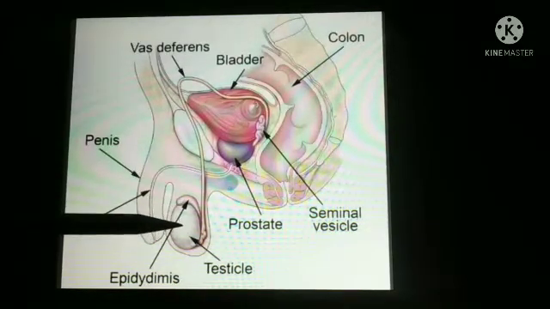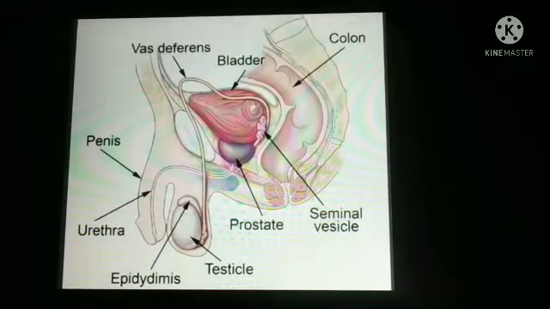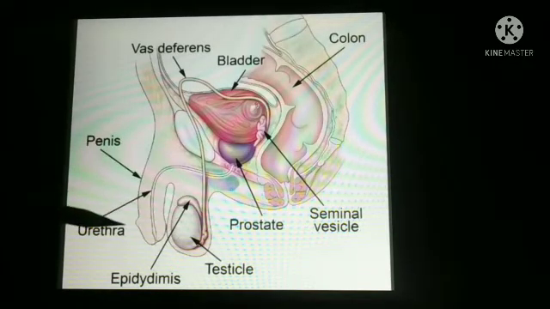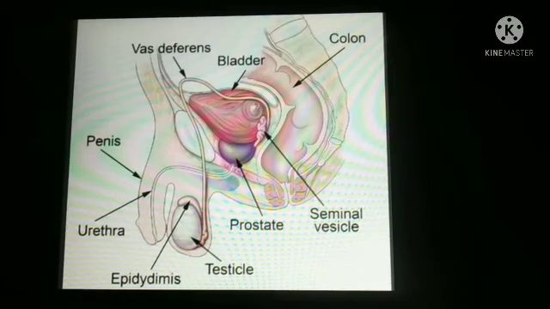It transports the sperms which are produced in the testis along with a protective fluid called semen. Sperms are the male reproductive cells. The next function is to discharge sperm within the female reproductive tract. And the next function is to produce and secrete the male sex hormone responsible for maintaining the male reproductive system.